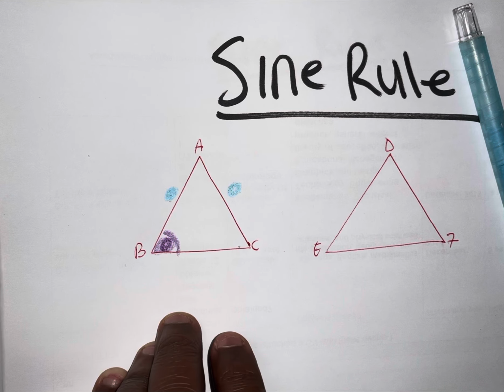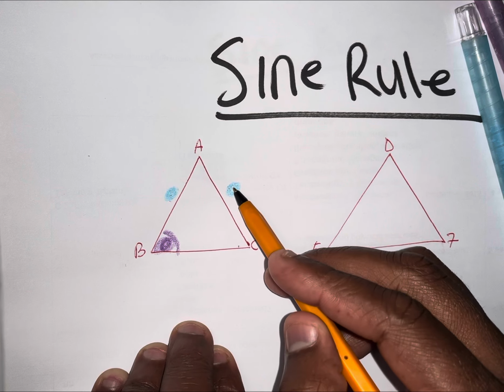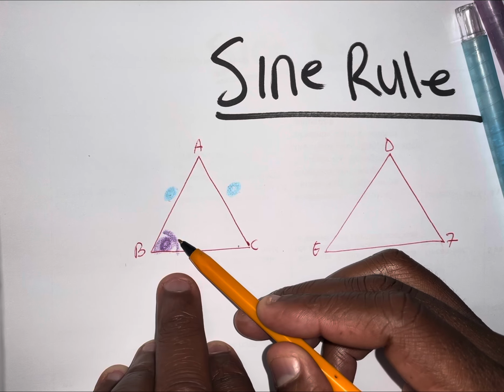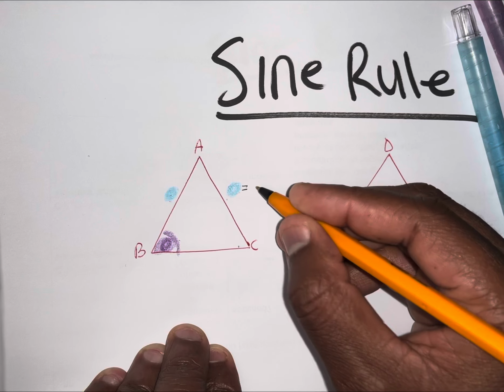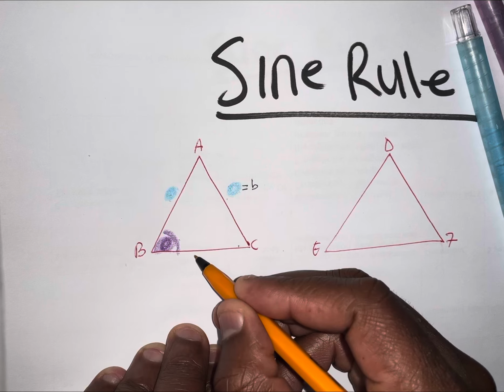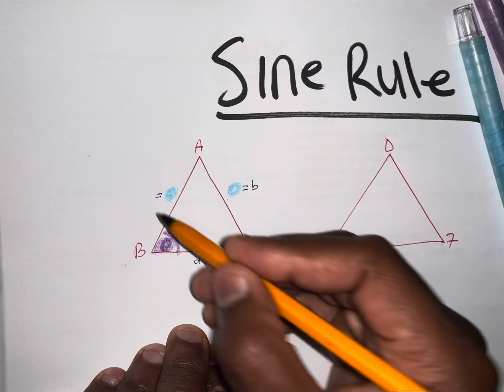It means you can use the sine rule whenever you are given two sides and an angle opposite one of the two given sides. So this will be small letter b, small letter a here, and small letter c.